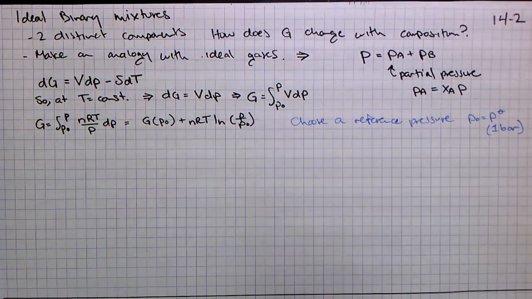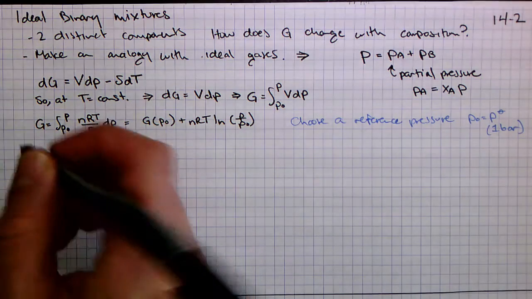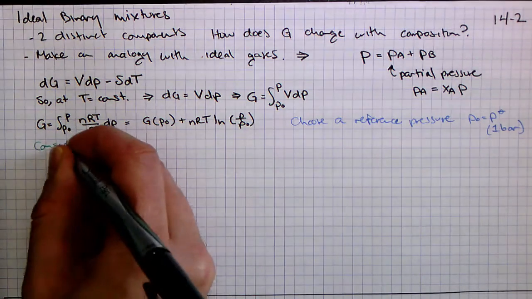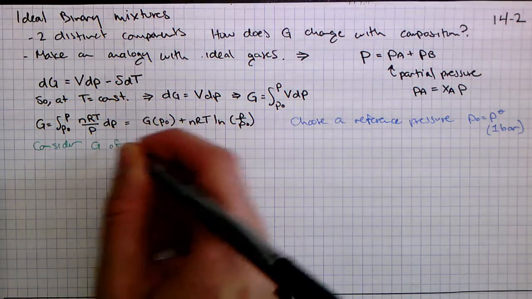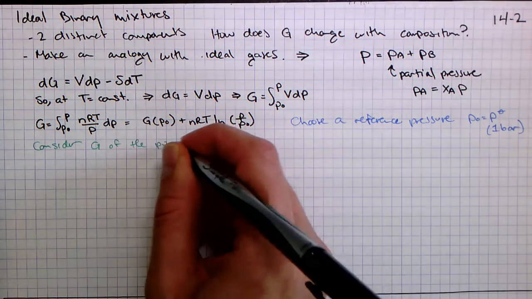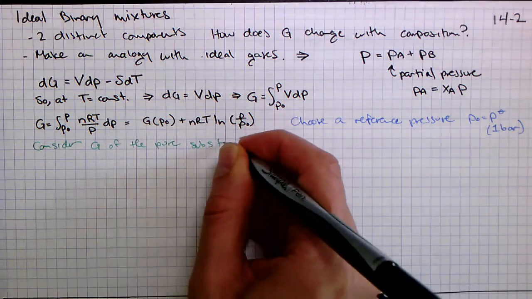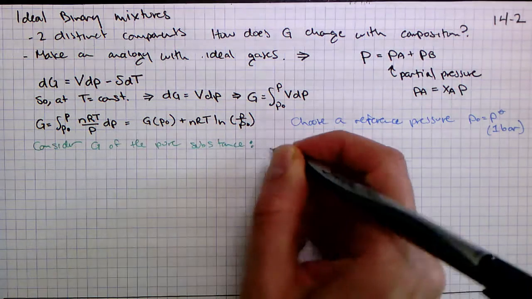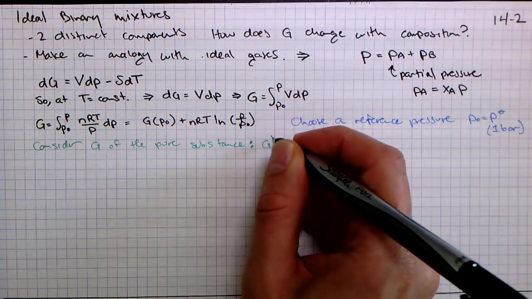That's our typical reference pressure. And so if we want to think about G of the pure substance, we're going to denote that as G star.